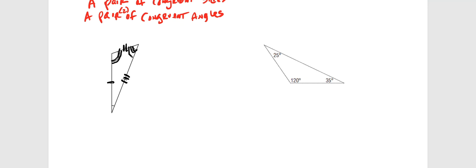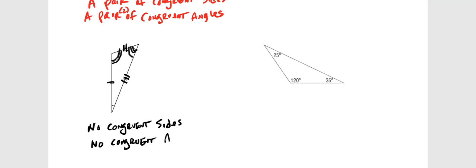And then there's the third arc, which means that there is a third and unique measure for that angle. So here, there are no congruent sides. And for that matter, there are no congruent angles. This is called a scalene triangle.